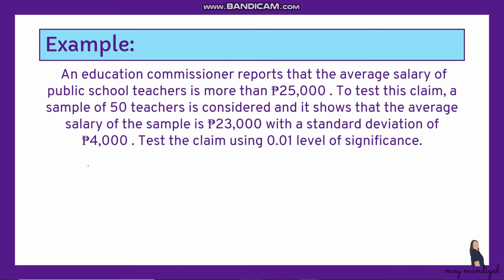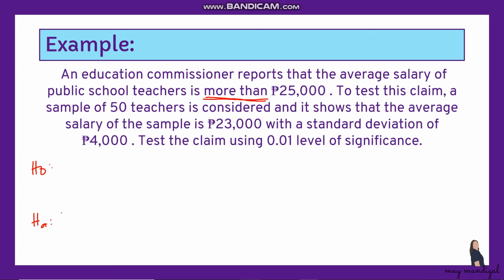Okay, so let's first write our null hypothesis and our alternative hypothesis. Since this commissioner says that the average salary is more than 25,000 pesos, whenever you see the words "more than", automatically that will go to our alternative hypothesis.